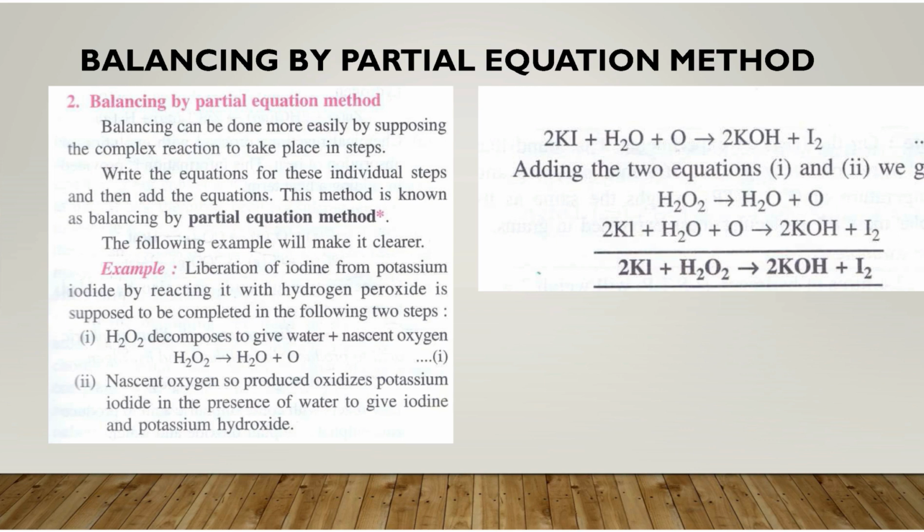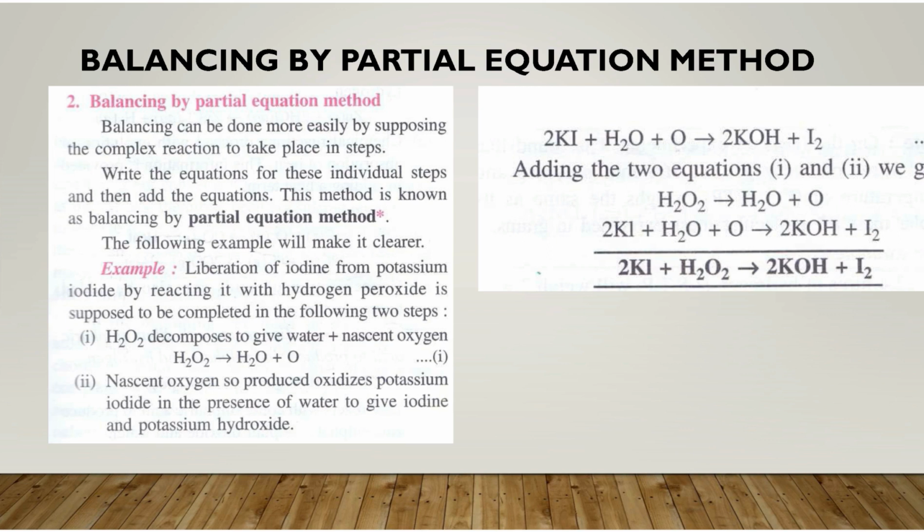You know oxygen is a diatomic molecule, so there are always two atoms present in oxygen, but nascent oxygen does not form a covalent bond with another oxygen. So this is called nascent oxygen. The formula of hydrogen peroxide is H2O2, and water plus nascent oxygen will form.